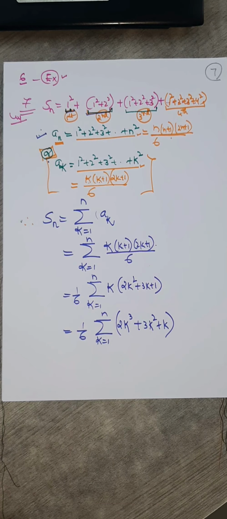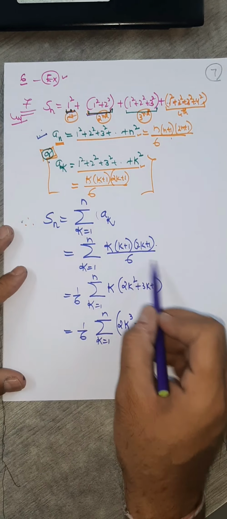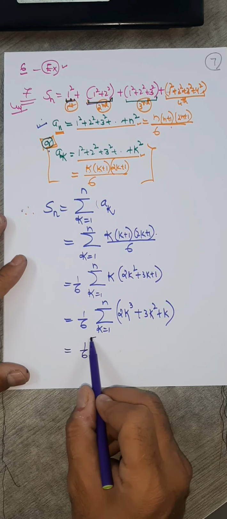Fine. Why did I do it like this? Because you know very well that for a product sigma cannot be used. So I opened the bracket. Now 1 upon 6 again outside as it is, 2 being constant as it is.